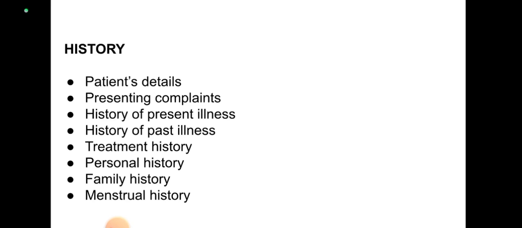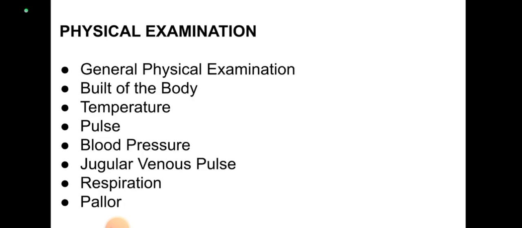After taking a detailed history of the patient, we move ahead to our physical examination, in which we start with general physical examination. General physical examination usually starts at the very point the patient enters your clinic.